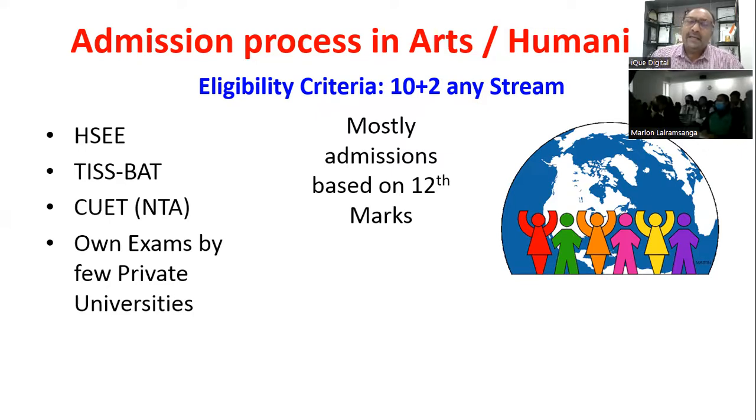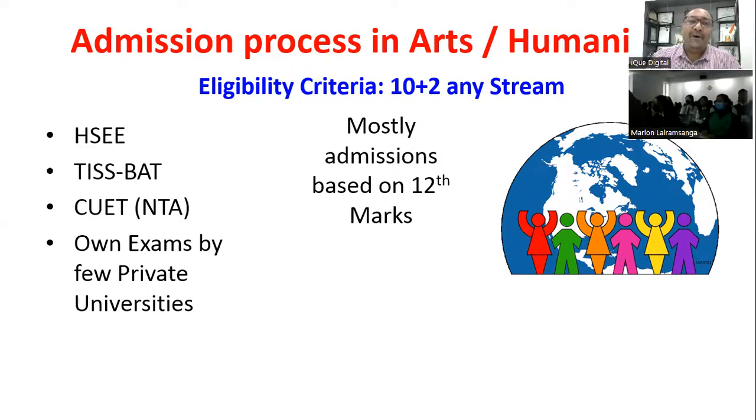There is another centralized test which has started in India, conducted by NTA, National Testing Agency, known as CUET. The full form is Common University Entrance Test. With this test, in 2022, there were 76 universities which took admission in their undergraduate programs. I'm sure that number is going to keep increasing year on year.